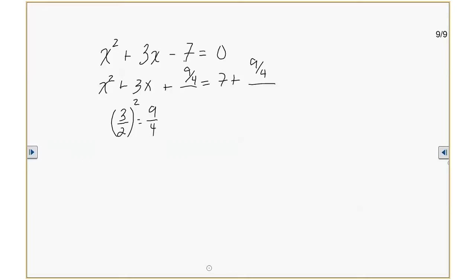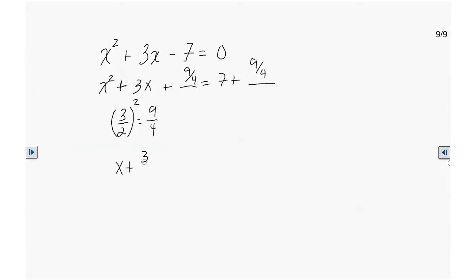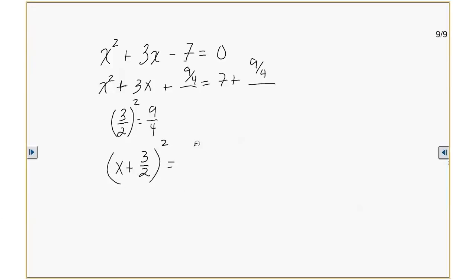Now I'll give you shortcut number 1, which is x plus 3 halves squared is equal to 28 fourths, here it comes, plus 9 fourths. All right, finish it out.